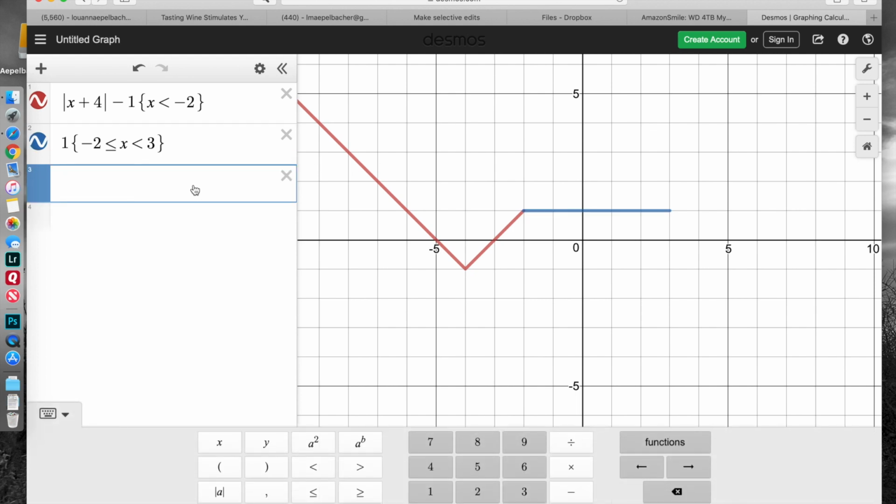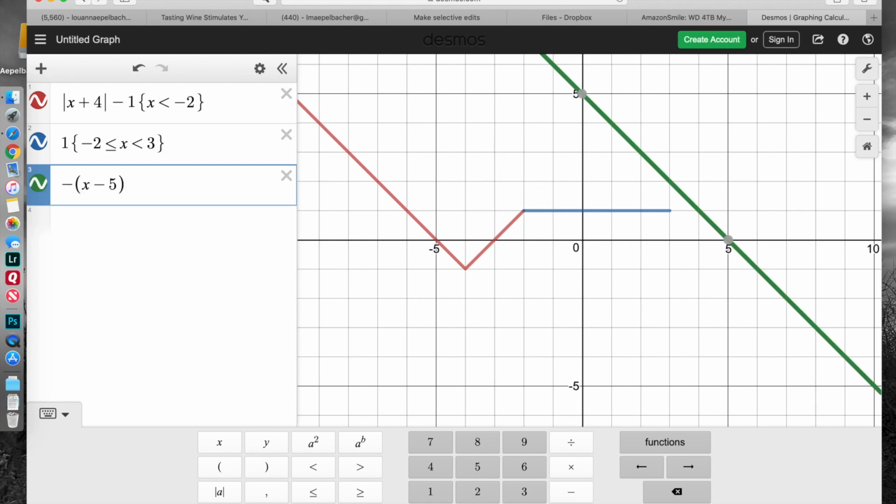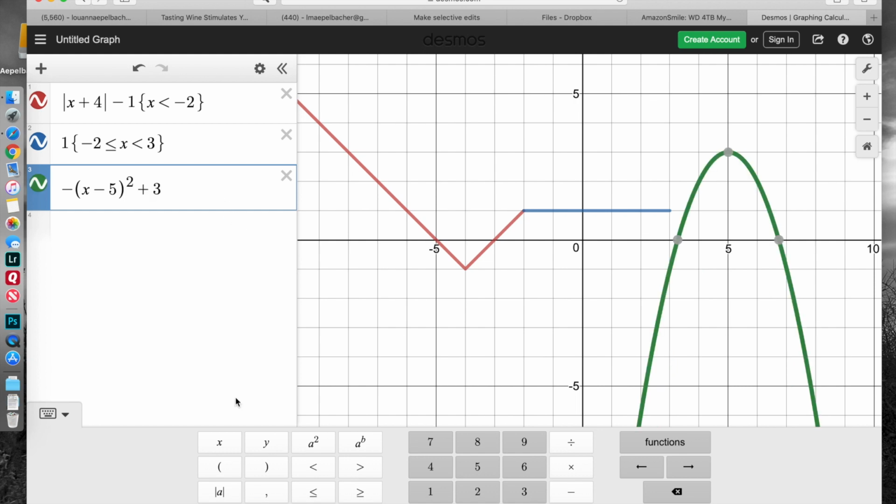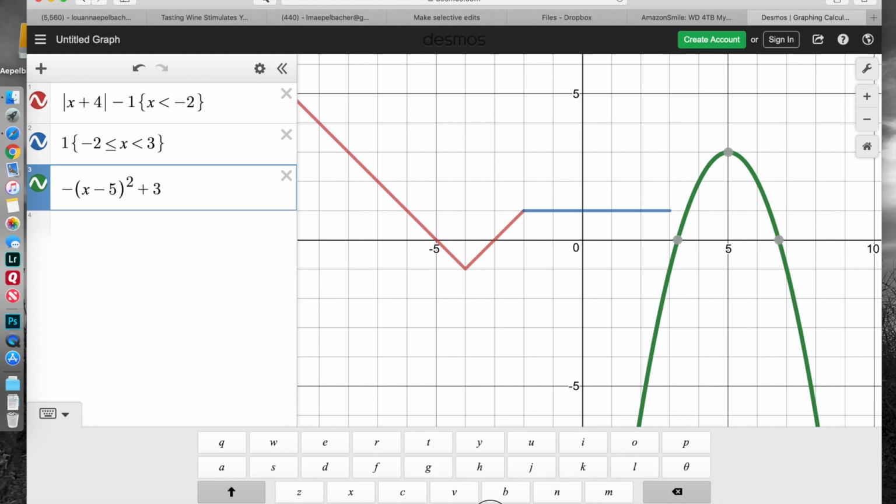And then the third part of the graph is the quadratic, so negative, and then parentheses x minus 5, caret squared, right arrow to get down again, and then +3. I'm going to grab my curly brackets here and say that that's strictly for when x is greater than or equal to +3.